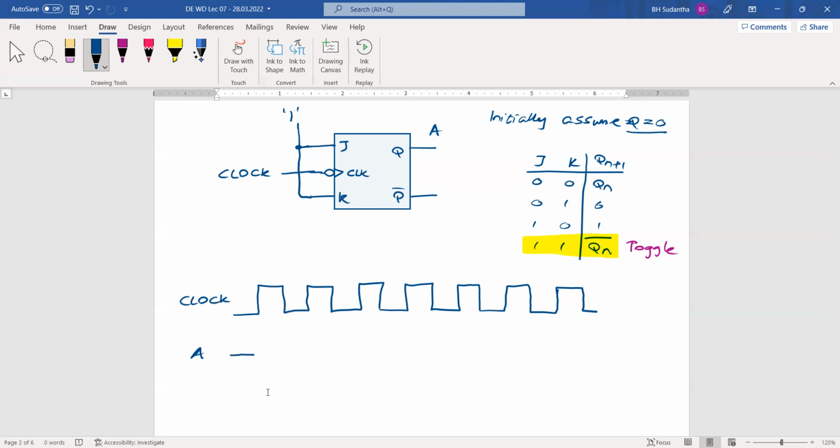Take a couple of seconds and think about that. Can you draw the output of A?